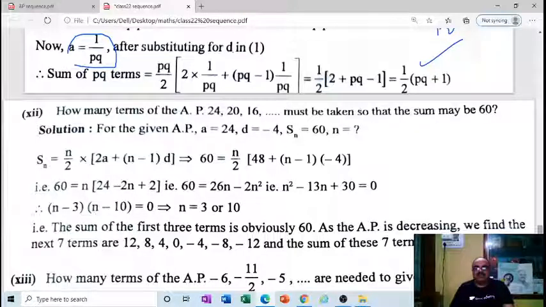See, all these terms, if you add, it is going to be 0. Plus 12 minus 12 plus 8 minus 8 plus 4 minus 4, 0 naturally. So the sum of the first 3 terms is obviously 60.